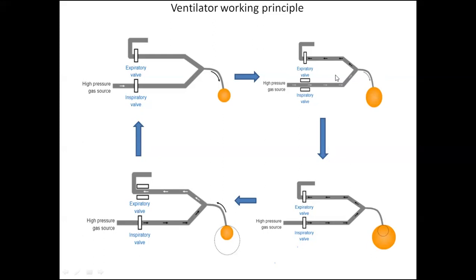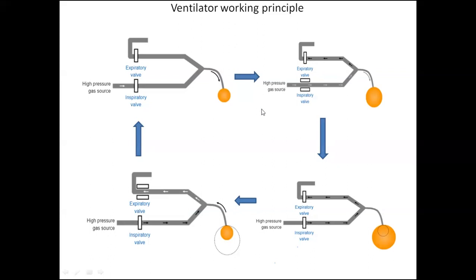During inspiration, the expiratory valve should be closed. That's all. How much pressure you set for inspiration, only that will be delivered during inspiration, and this valve will be adjusted like that. It will not allow the entire pressure from the gas source to reach the lung.